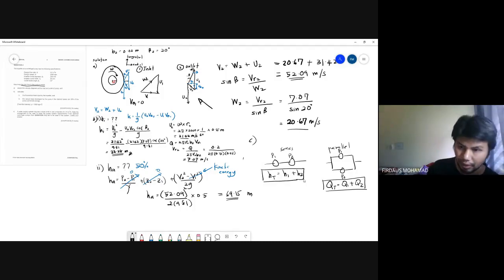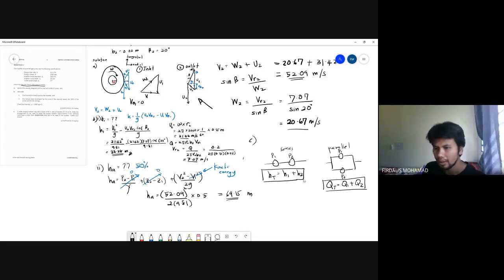If it is in series, the total head will be double, which is H1 plus H2. And for pump installed in parallel, the head might be similar, but the total flow rate will be double, Q1 plus Q2.